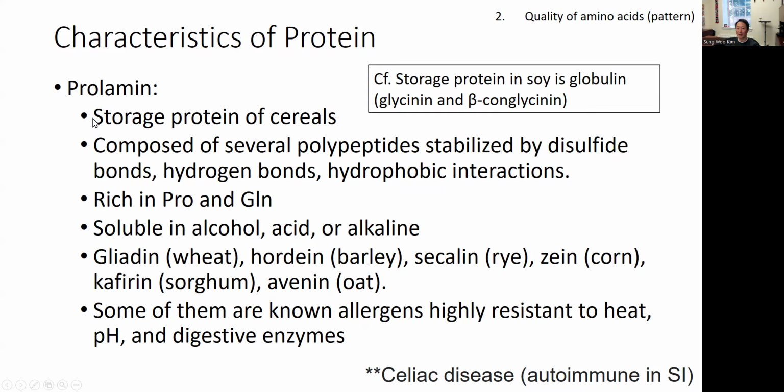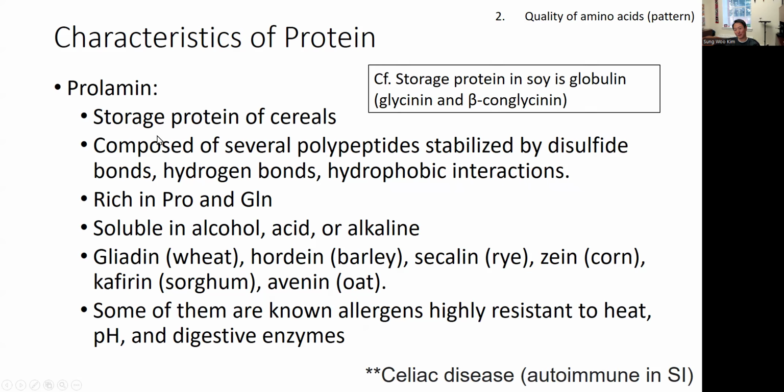Going back to prolamine. Prolamines are known to have a high content of proline and glutamine. Those are two non-essential amino acids. Proline, glutamine, prolamine. It sounds kind of similar when you pronounce proline and glutamine, prolamine.